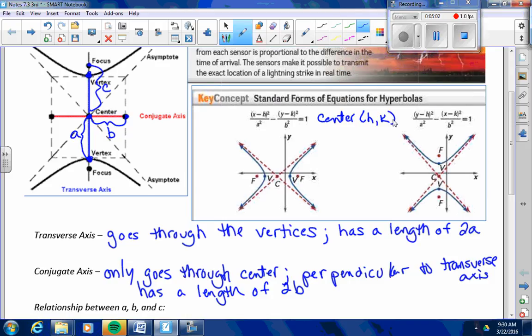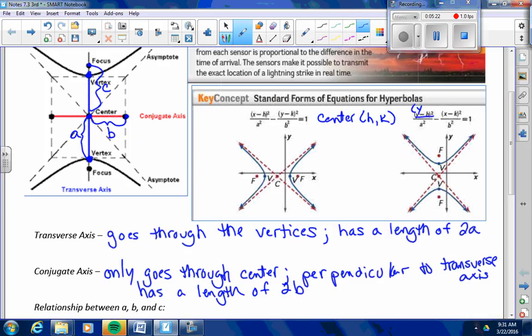Now, if we look at the second equation, it actually has a typo in it, okay? The typo is in the first numerator and the second numerator. It says y minus h squared, but instead that h should actually be k.